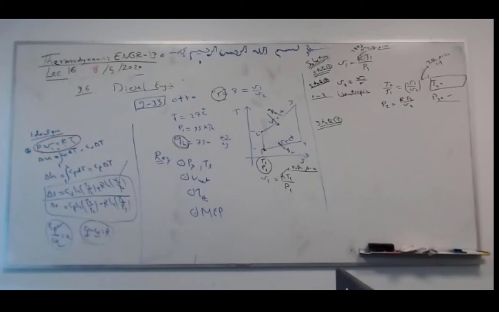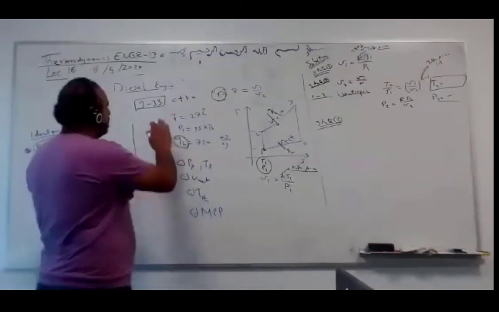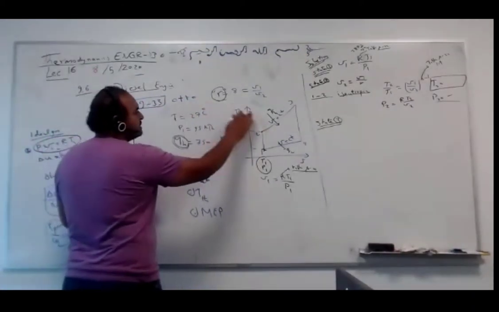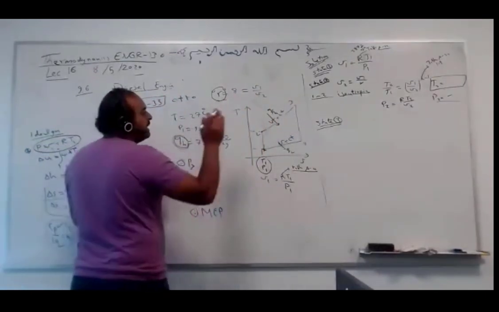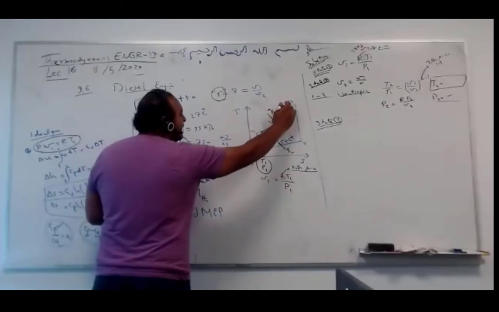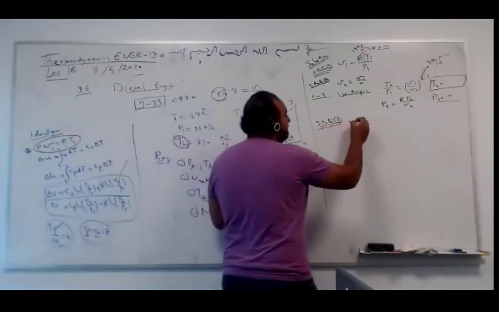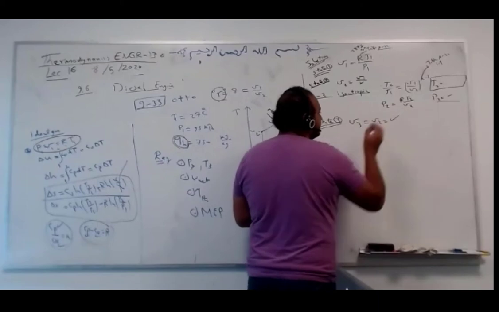Constant volume. Exactly, between 2 and 3 constant volume. This is Otto, constant volume. If it's diesel, constant pressure. So give V2 to V3 if it's Otto. Exactly, we have V3 equal V2. What else do we have?